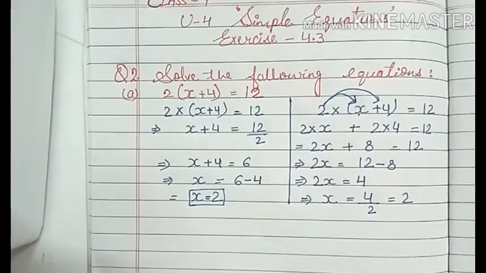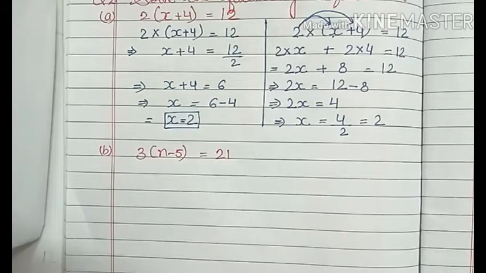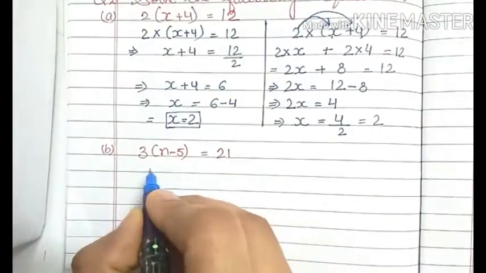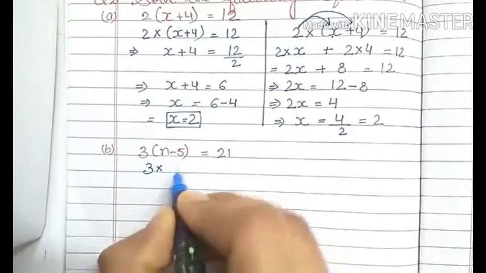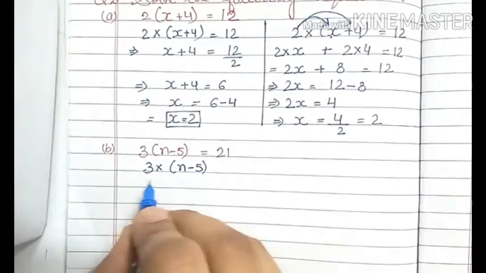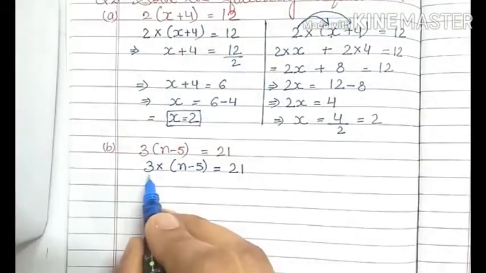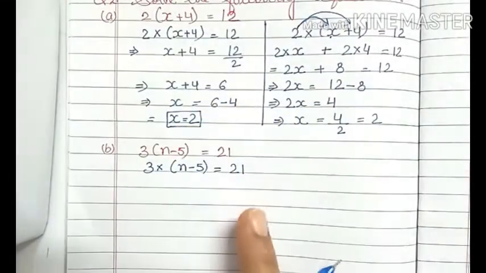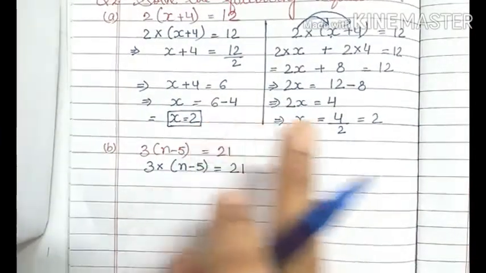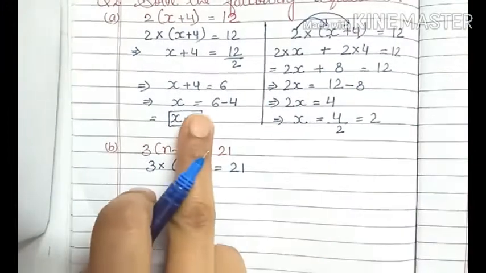Now we are going to do B part. Here is the B part: 3 into n minus 5 is equal to 21. Same way here, 3 is multiplied with this bracket. So the choice is yours, you want to opt this method or you want to go by this method. I am going to do with this method.